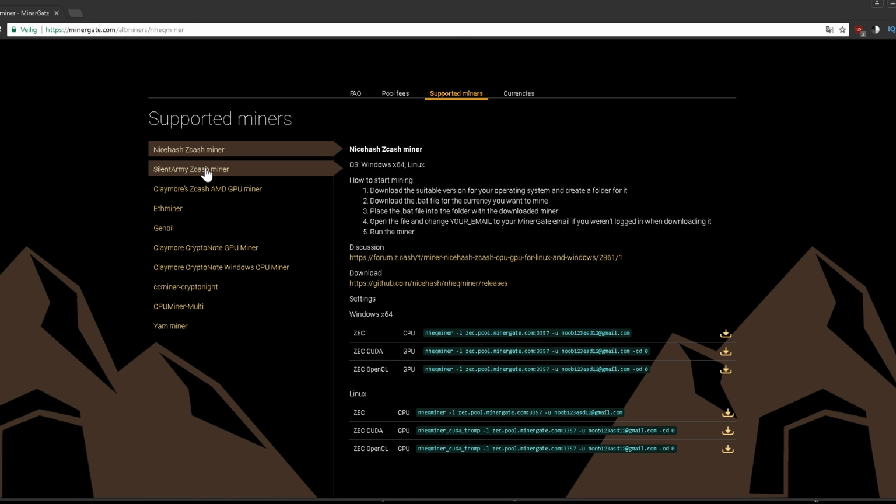Also, you will get false positives with miners saying in Windows Defender that it's a virus or a Trojan or something else. Those are all false positives, so there's no Trojan.